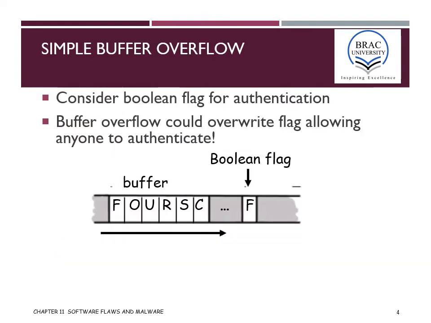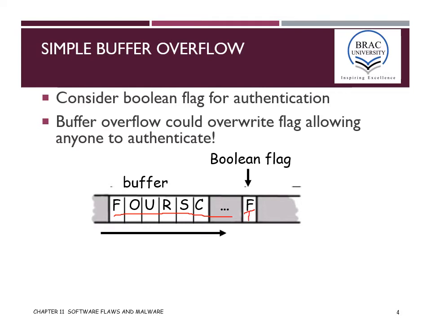So let's take a look at how buffer overflow actually works. Suppose this is the buffer, and in some part of the buffer there is a boolean flag, like to authenticate someone, so that is false. But if this buffer overflows, I mean this buffer is full, and you can put some other things, and you just put T here.